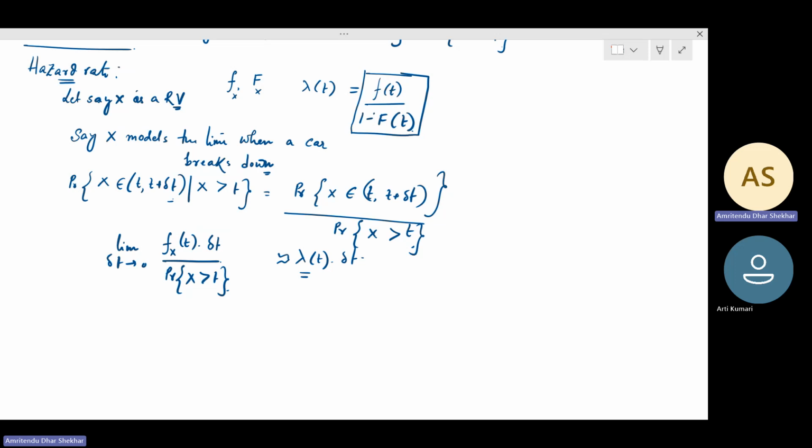So if I have a car which has not broken down till time t, what is the conditional probability that it is going to break down now? That's the hazard rate.